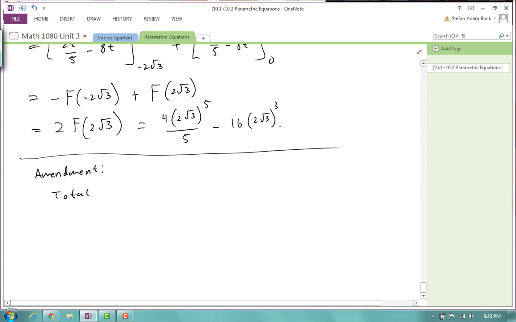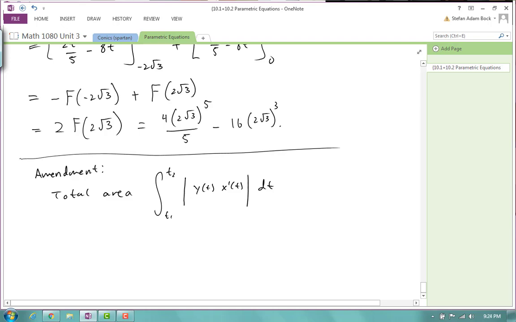total area will be the integral from t1 to t2 of the absolute value of y of t x prime of t dt.